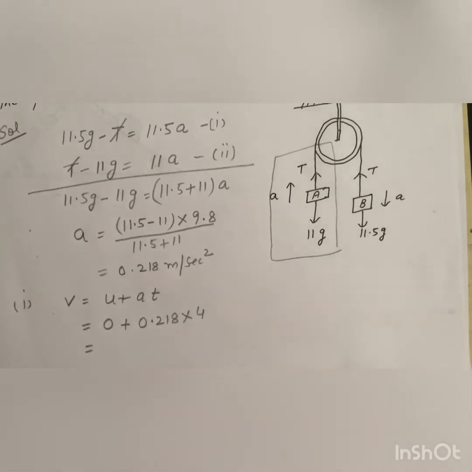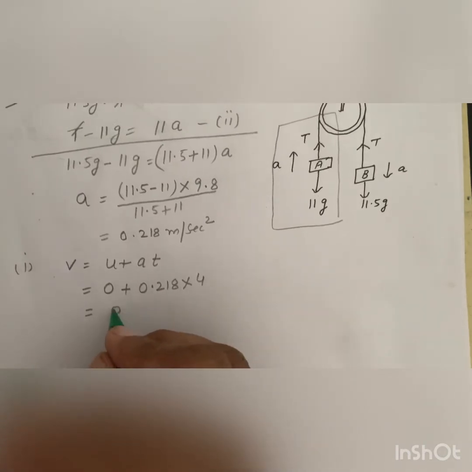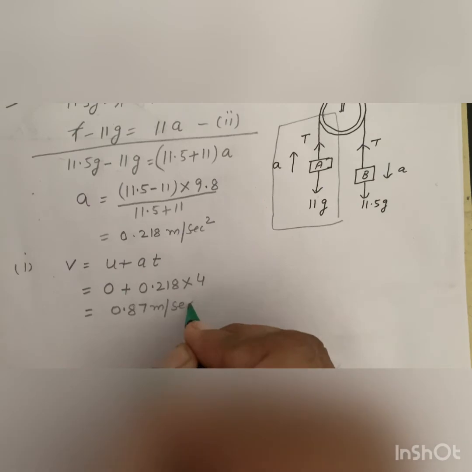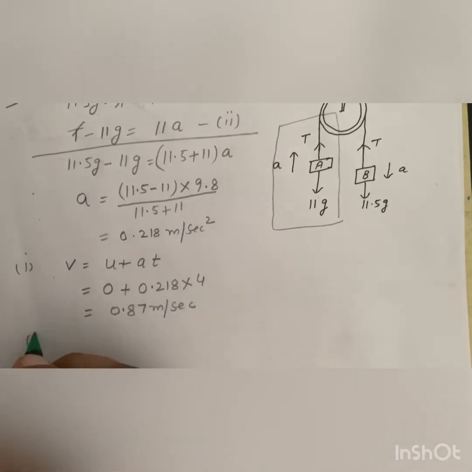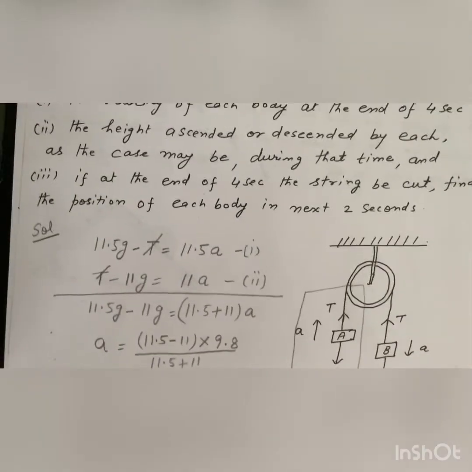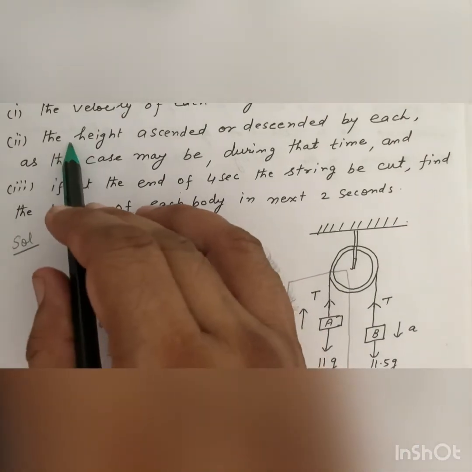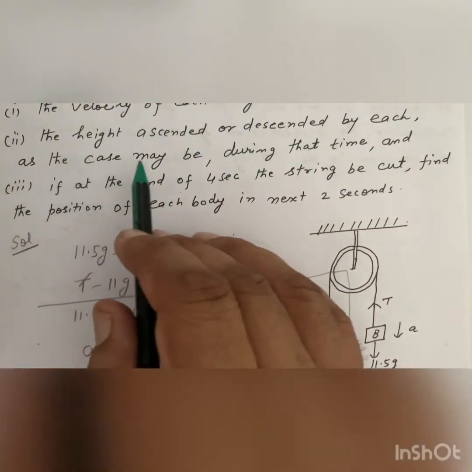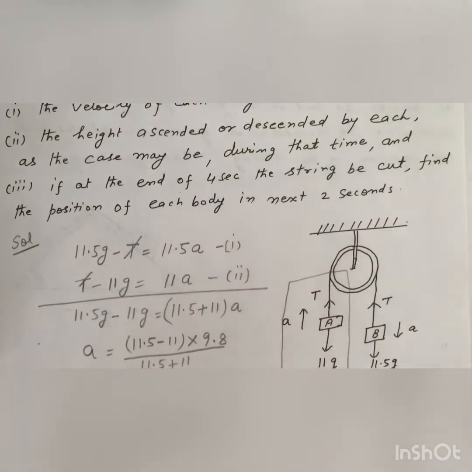So here we get 0.87 meter per second. Second part, we want to calculate the height ascended or descended by each, as the case may be, during that time.